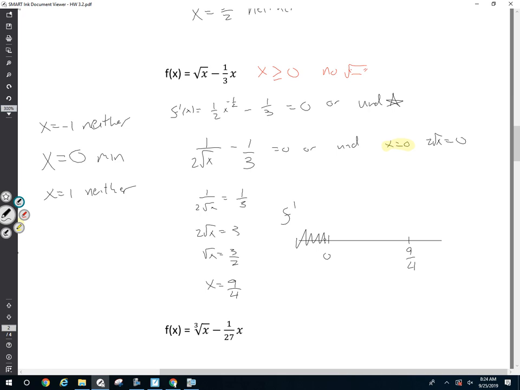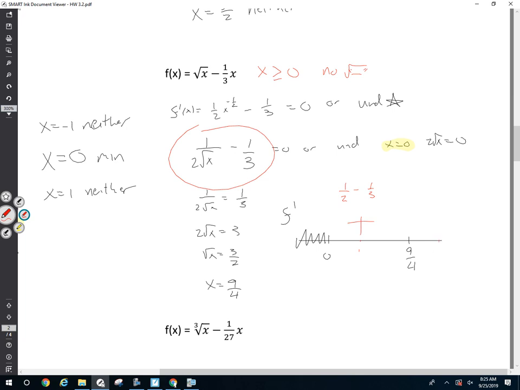I just need to start at 0, plug in a value between 0 and 9/4, like 1. So what would I plug it into? My derivative. Now it's not factored, but it's going to work out easily. It's going to be 1 over 2, if I used a test point of 1, minus 1 over 3. 1/2 minus a third, I know is positive.